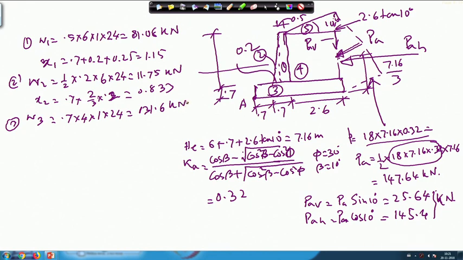Its lever arm, it is acting at the midpoint, so x 3 will be, since it is 4 meter, 4 by 2 equal to 2 meter. Then the fourth part, this soil, W 4, will be equal to 6 multiplied by 2.6 multiplied by 1 multiplied by 18.